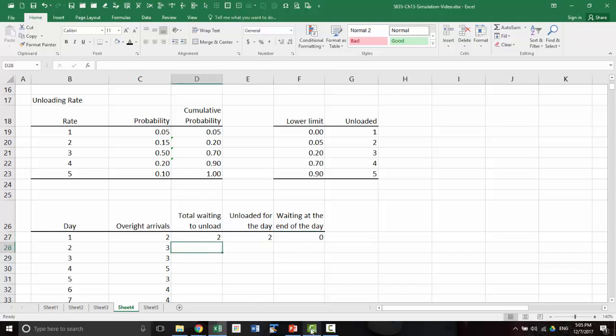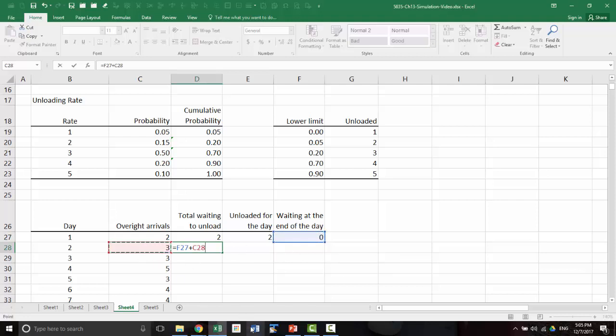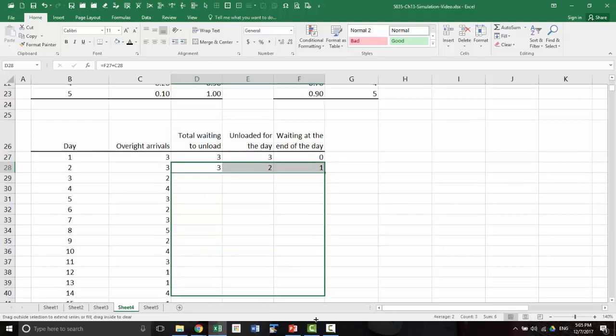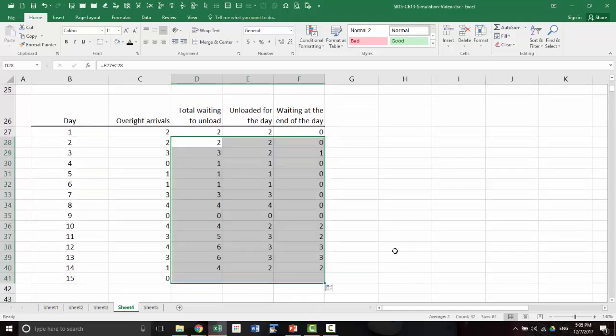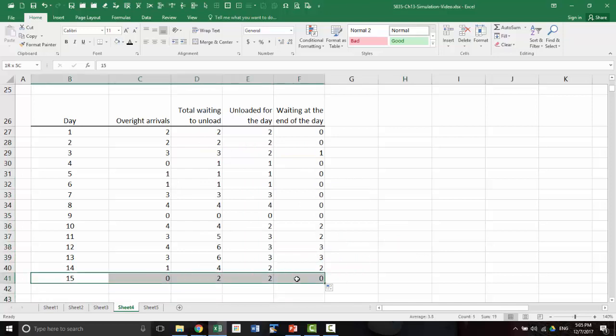So now total waiting to unload for day 2 is the waiting from the previous day plus the new arrivals overnight. Okay, so now this can be copied like that, and now that can be copied. All right, so now we have simulated 15 days' worth of operation.